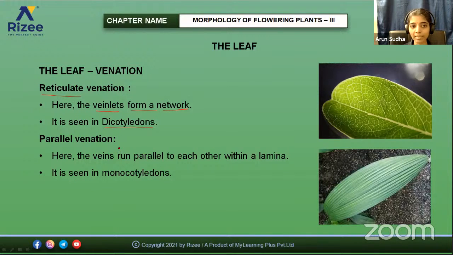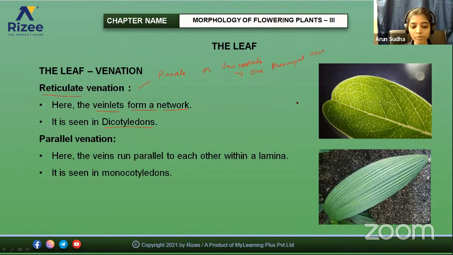In reticulate venation, again, there are different types. We can take it as pinnate or unicostate. In the pinnate type, the main difference is that there will be one principal vein, the midrib, which gives rise to many other veins.